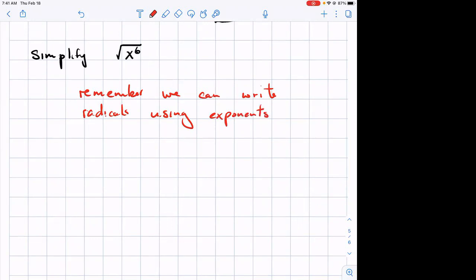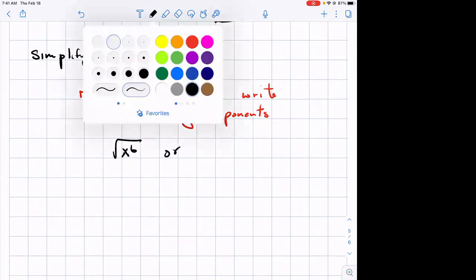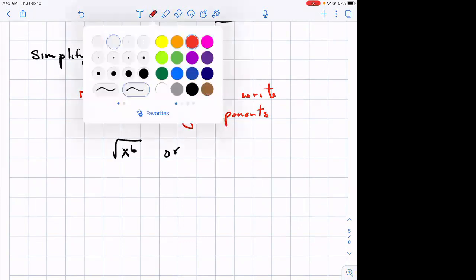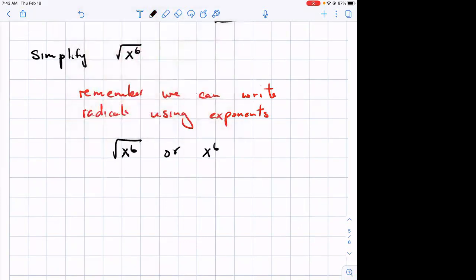So we can say that the square root of x to the 6 is the same as x to the 6, and then in exponent form, that's the same as 1/2, because the index here is a 2. That index is a 2. So that's where I'm getting the 1/2 from.